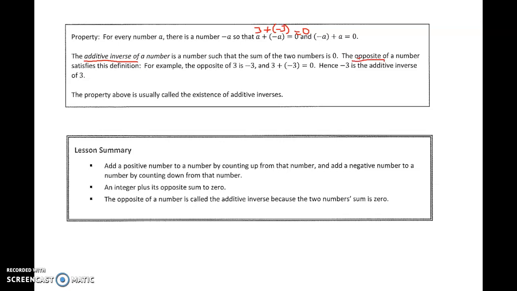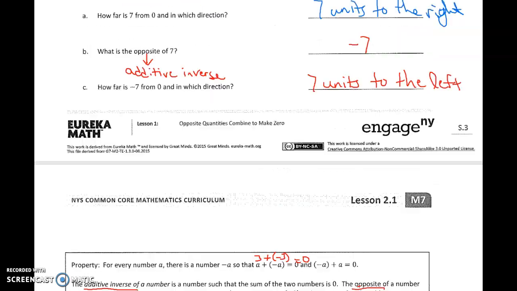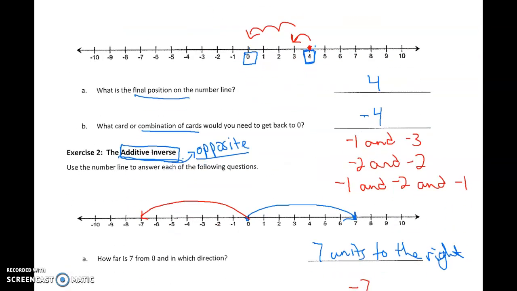And then we call it the existence of additive inverses. So we have our lesson summary here, which you can read, but what I want you to remember is that we can have additive inverses, where we add numbers together and it equals 0. Sometimes it's just adding 4 to negative 4, but sometimes it might be adding 4 to negative 1 and negative 2 and negative 1.